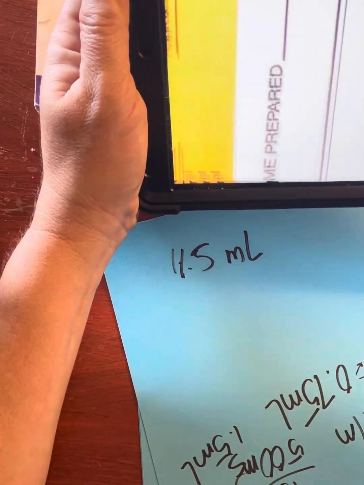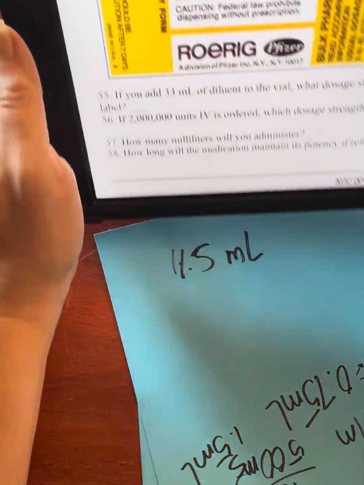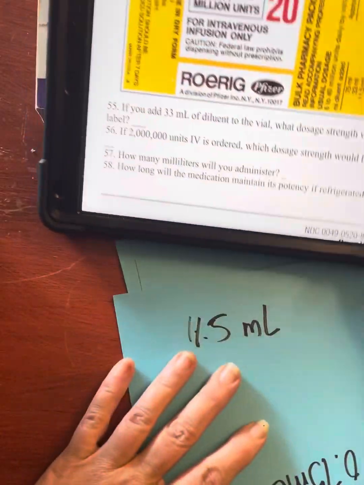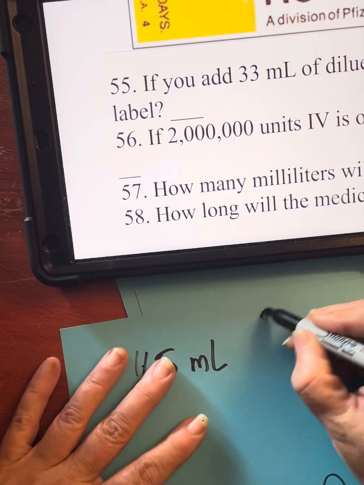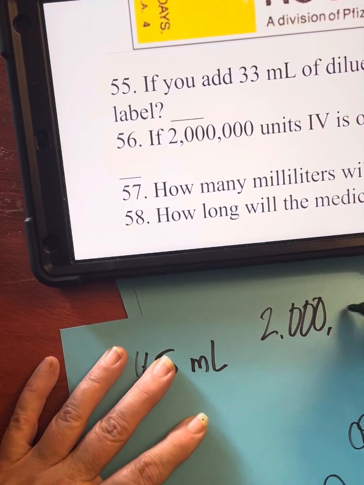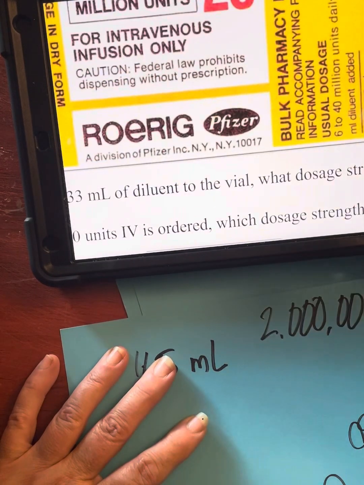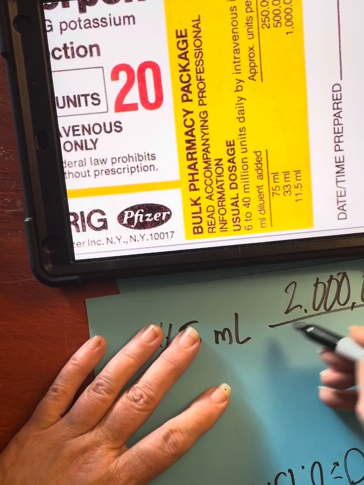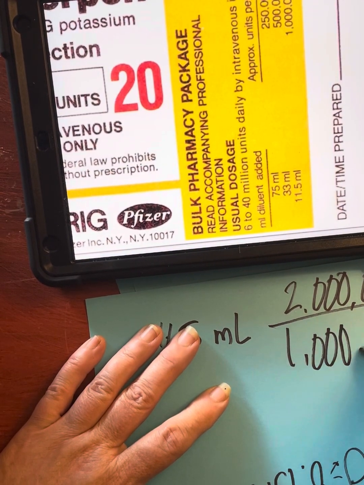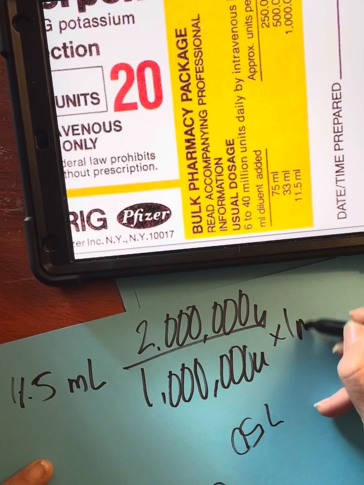Look, don't expect perfection from me and you'll be good. He wants them to get 2 million units. You see that? I'm concentrating it to 1 million units per 1 mL.